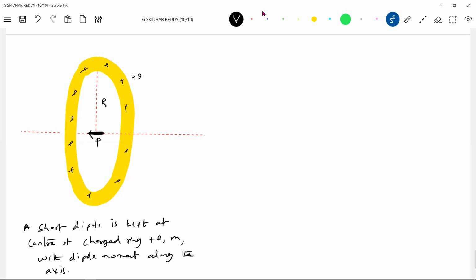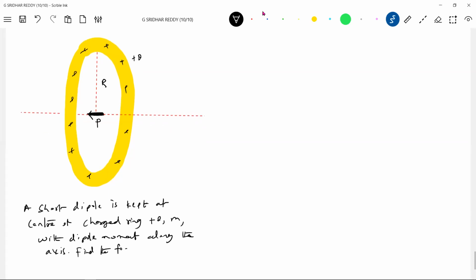So I want the force of interaction between them. Find the force of interaction between them.